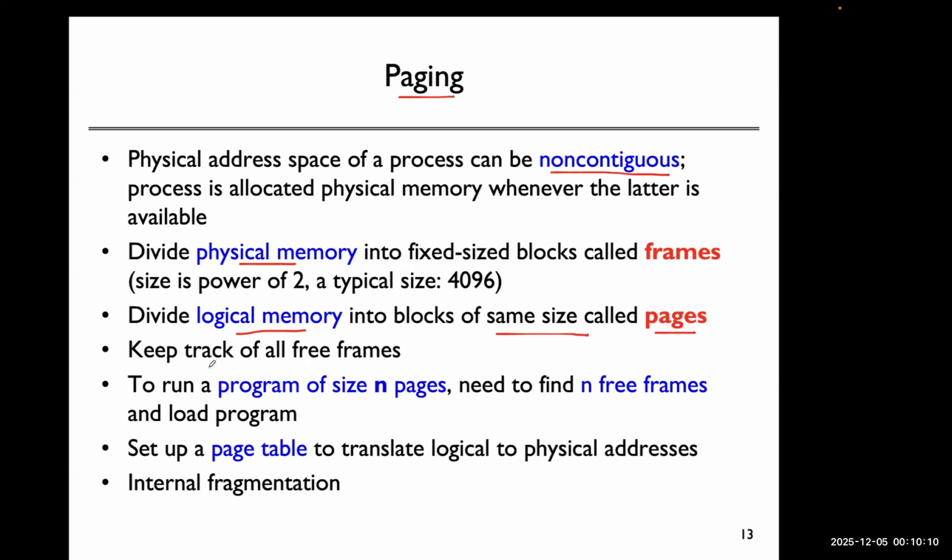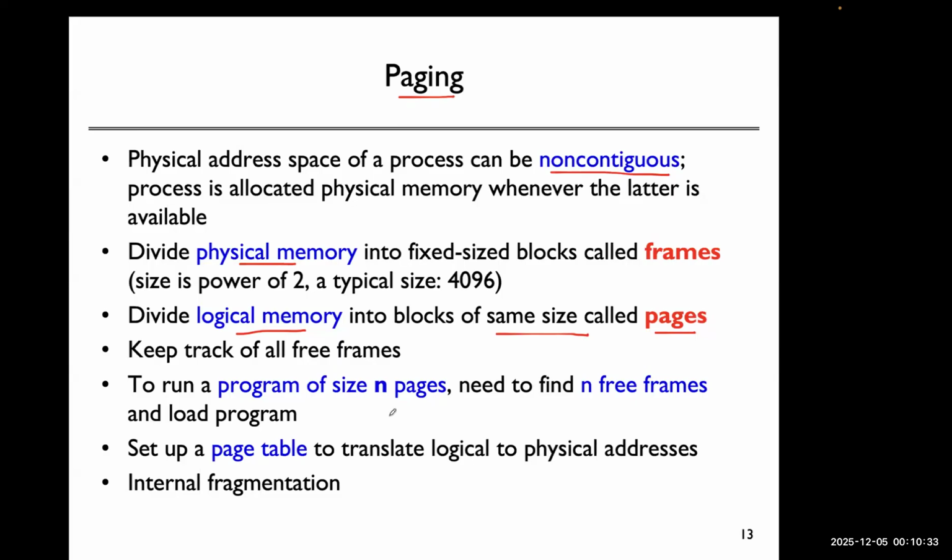Now, we also need to keep track of all free frames of the physical memory. And by we, I mean the operating system keeps track of all free frames of the physical memory. So to run a program of size n pages, remember previously we were saying that whenever we want to run a program, we need to first allocate it a contiguous memory chunk.